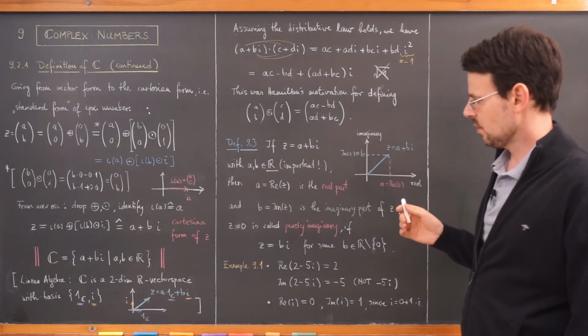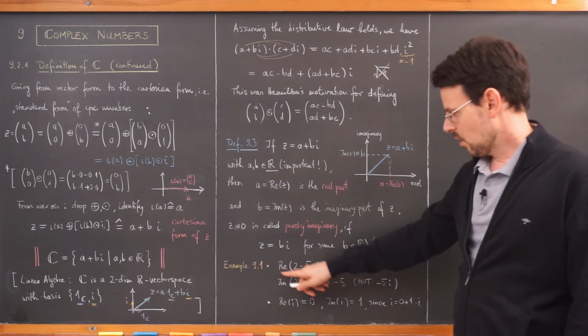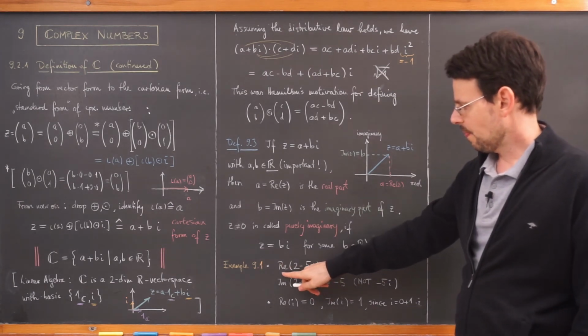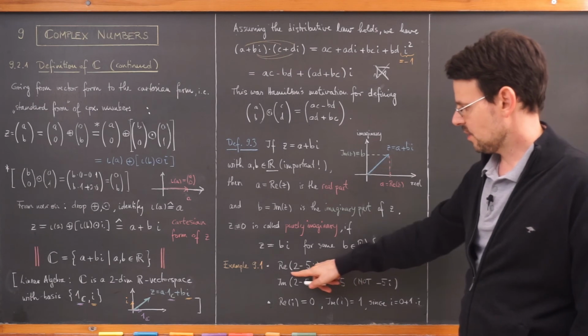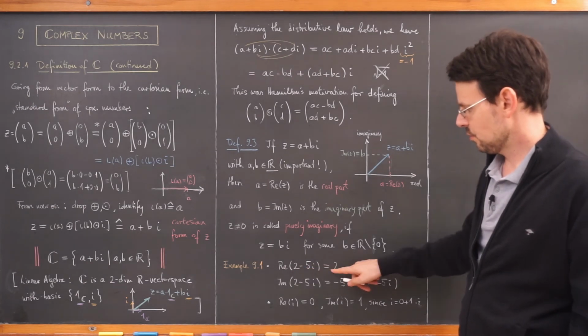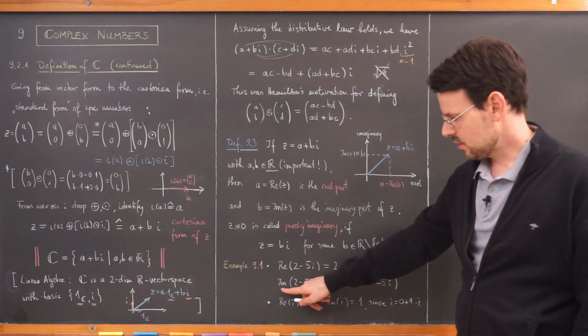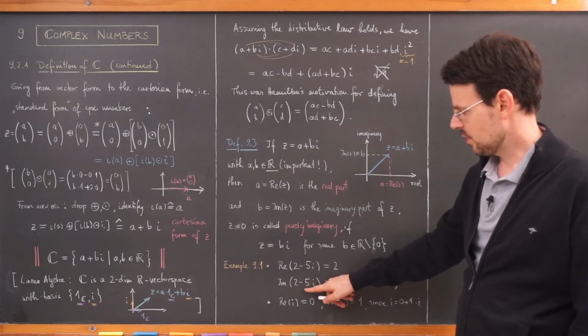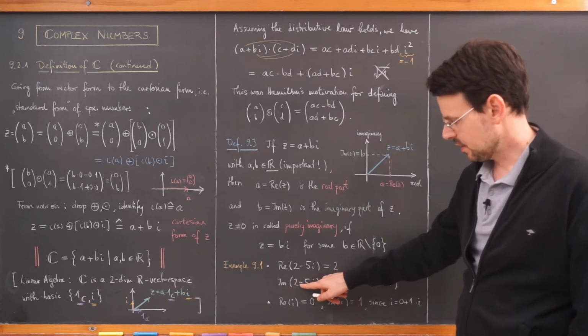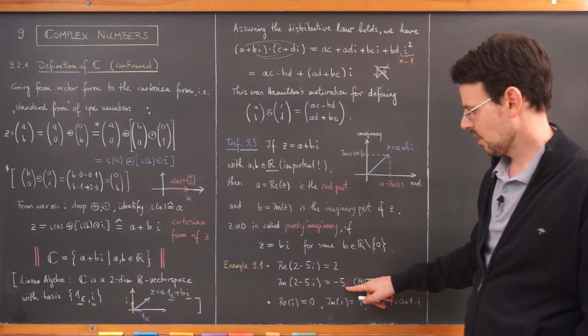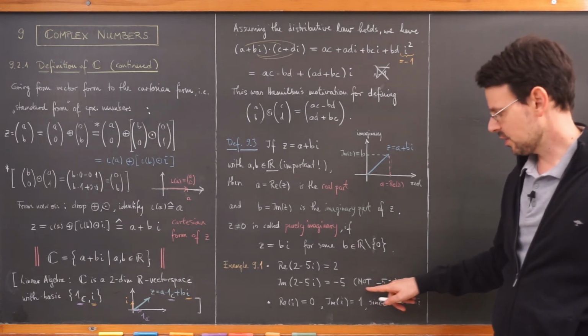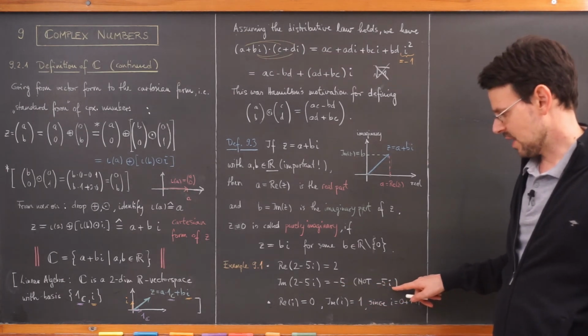Okay, this shouldn't be hard to understand, but still we look at an example. The real part of this complex number is, of course, 2. The imaginary part of this complex number is, pay attention to the minus sign, -5. And very important, it is not -5 times I. Yeah?